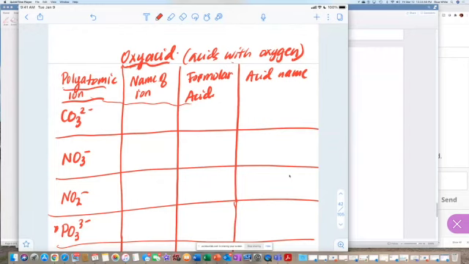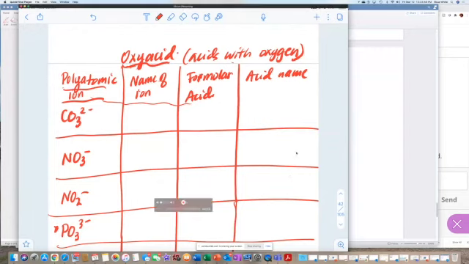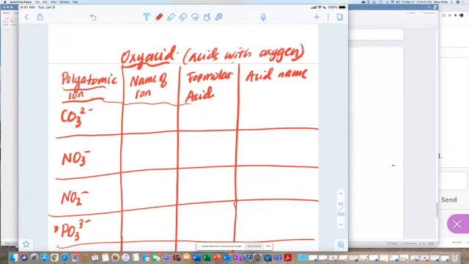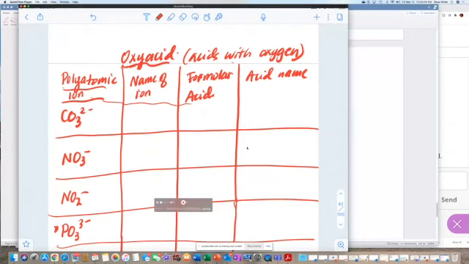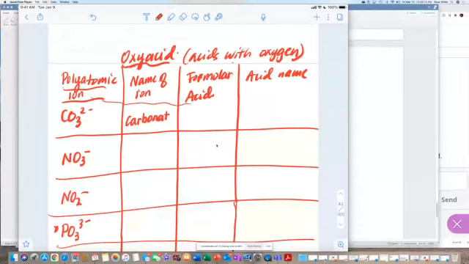Okay, even though I named this before, I have to go through and rename this. Let me see, can I make this bigger? Okay, I have to go through. This was carbonate, right? I named this earlier. This is more oxygen than that, so nitrate. This is nitrite, right?